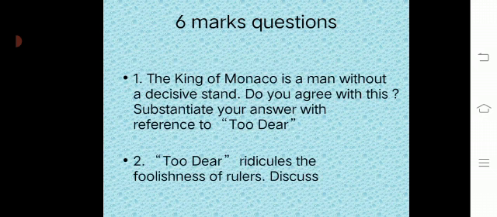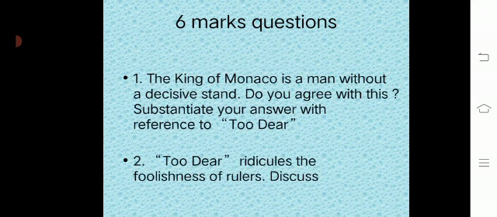All right. Now, question number 2. Two Deer ridicules the foolishness of rulers. Discuss. Here is a bit of a generalized question but related to the lesson. You have to write some general points but relate them to the lesson with reference to the story that you have read in Two Deer.